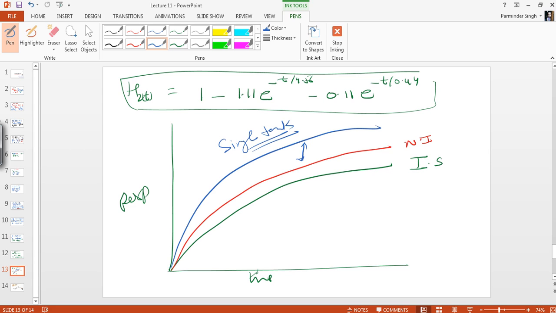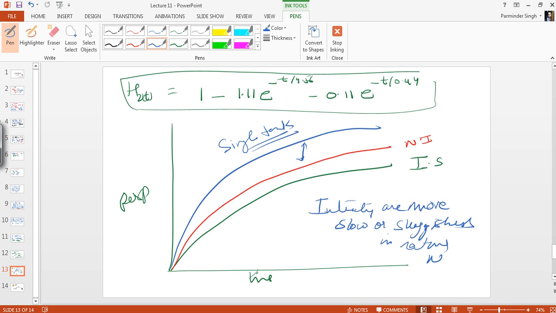That means interacting systems are more slow or sluggish in nature in comparison to non-interacting or single tank systems.